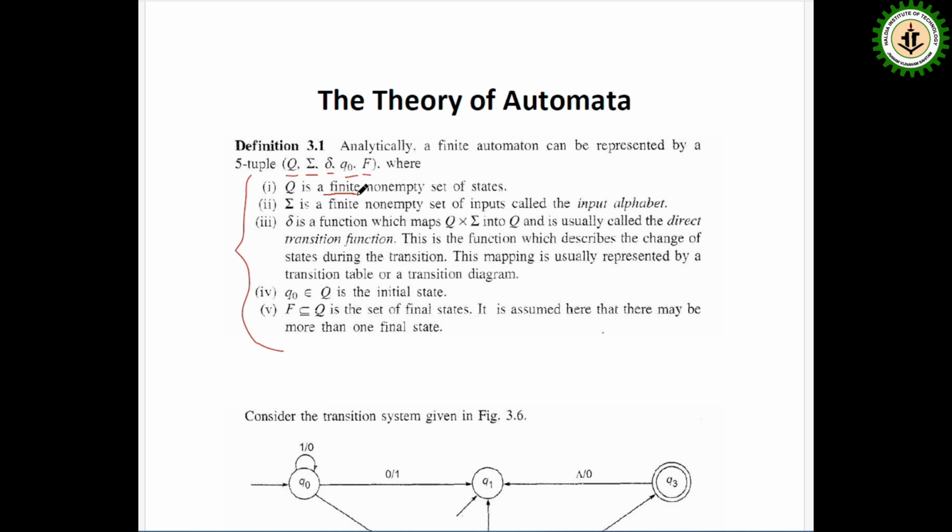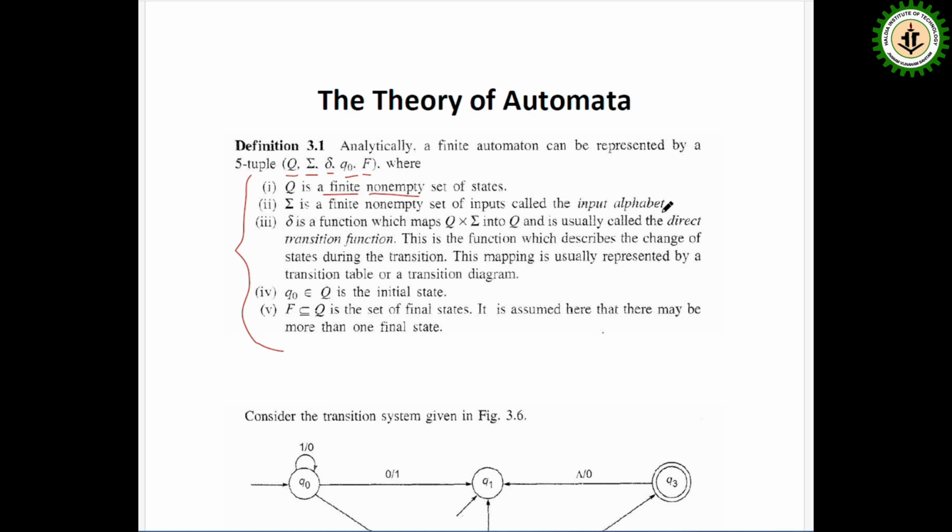Any machine should have a finite number of states. The number of states is not infinite, and obviously there is at least one state, so it is non-empty. So a machine should be finite and non-empty.